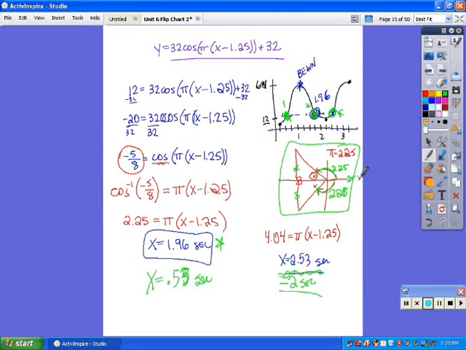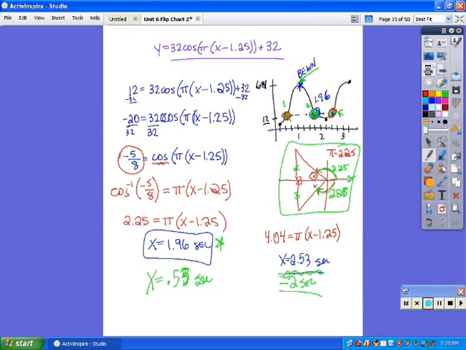Then I had to remember that in my actual picture, these are not the first two times this happens. It's the first two times after my beginning point. So I need to notice that this particular point on my graph corresponds to this point, which is a whole period away. It goes back to the idea in chapter 6 when we wanted all solutions, where we took our answer plus 2 pi n to account for all solutions.